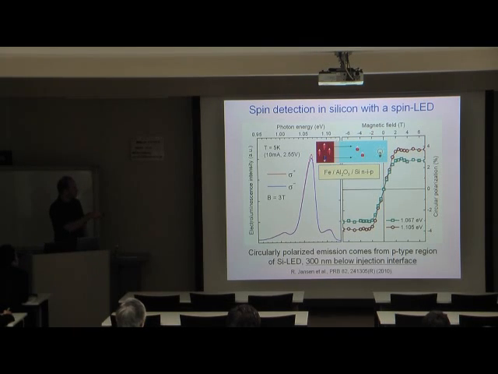And yet we see a nice circular polarization, and the polarization scales with the magnetization of the ferromagnetic electrode. So this experiment also tells you that we're able to create highly spin polarized electrons in the semiconductor bulk bands well away from the injection interface.